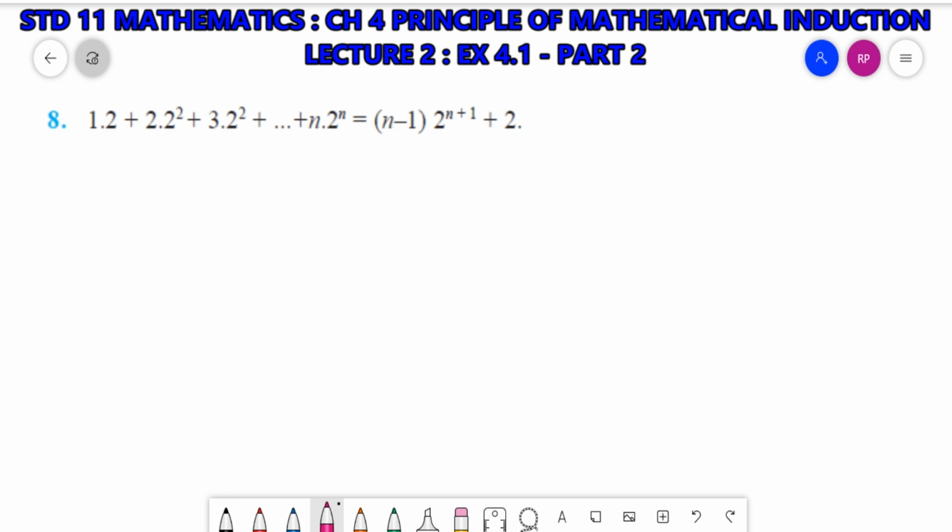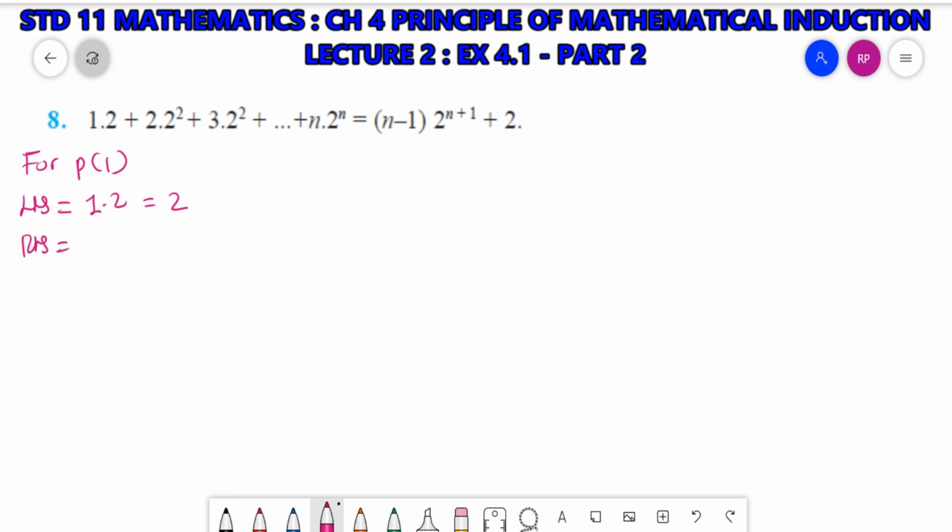First we will use the same method for P of 1. LHS: 1 into 2 raised to 1, 1 into 2. This is our first step. This is equal to 2.